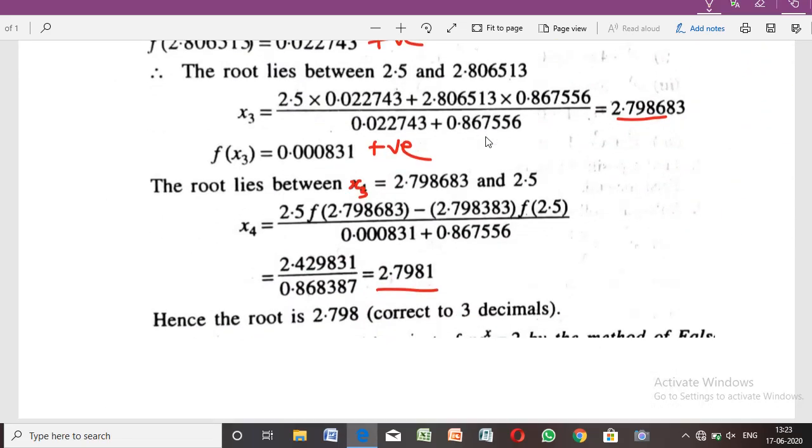Here, to 3 decimal places, 2.798 and 2.798 are equal. Hence the root is 2.798. Thank you for watching the video.